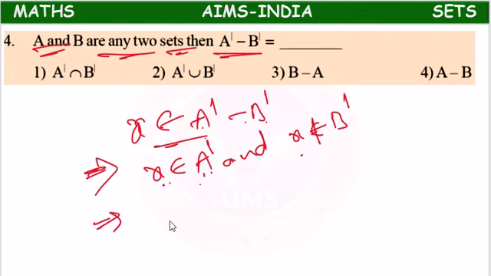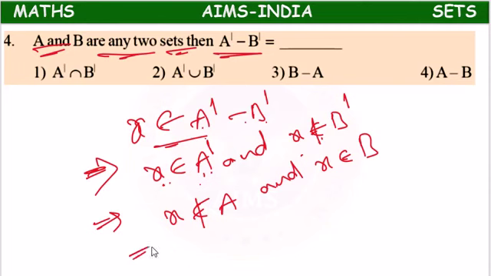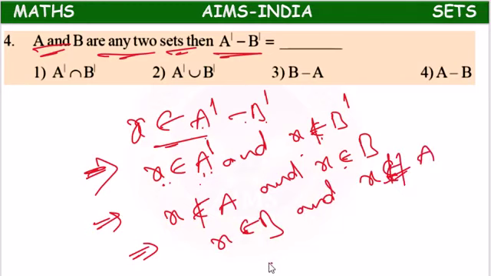X belongs to A dash means X does not belong to A, and X does not belong to B dash means X belongs to B, reverse. Or we can write this first: X belongs to B and X does not belong to A. Like this we can write.